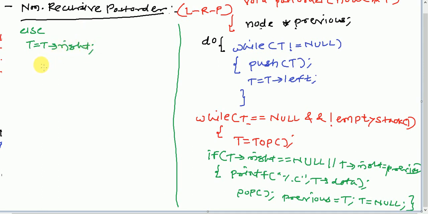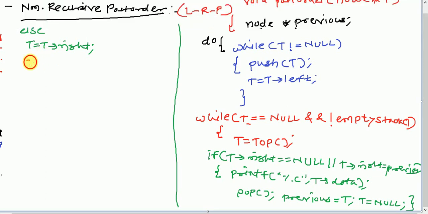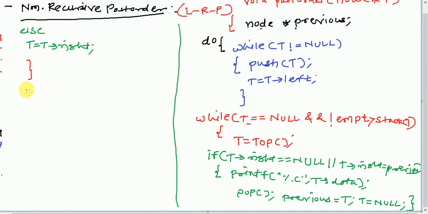Okay. So here completes our while loop. Then here completes the do while loop, and that will go till the stack is not empty. Okay. And then the main function completes.